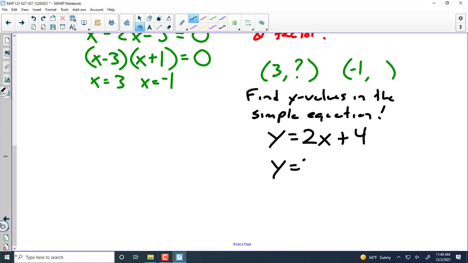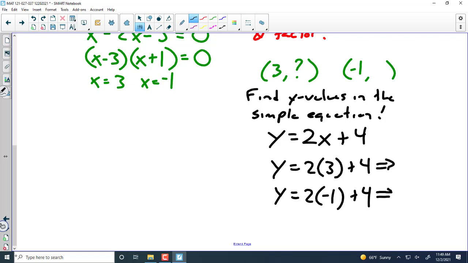So we got y equals 2 times 3 plus 4. And we went y equals 2 times -1 plus 4. So if I put the 3 in there, I'm going to get 10, which means I get the ordered pair 3, 10. If I put the -1 in there, I'm going to get a 2. So I get the ordered pair -1, 2.